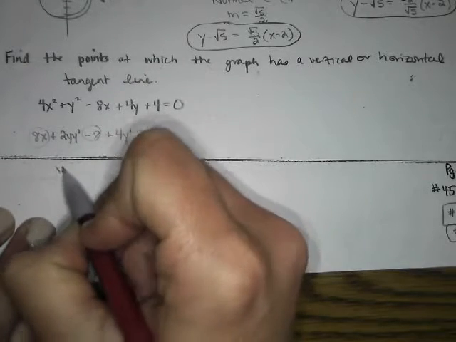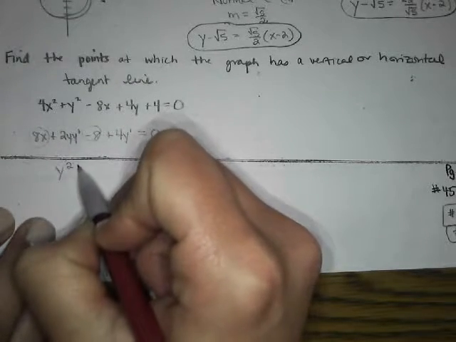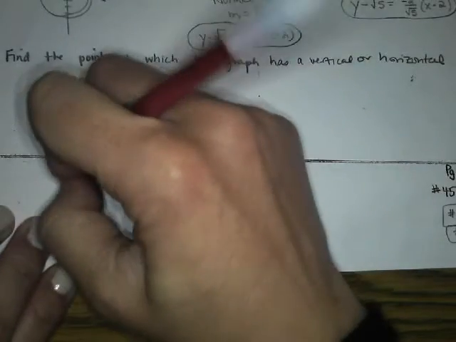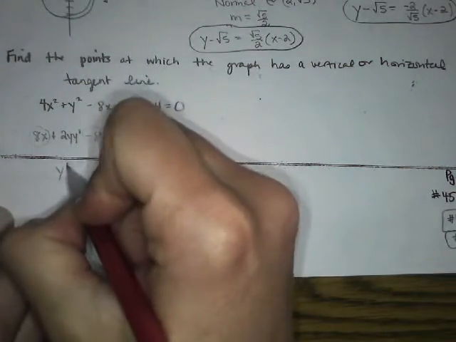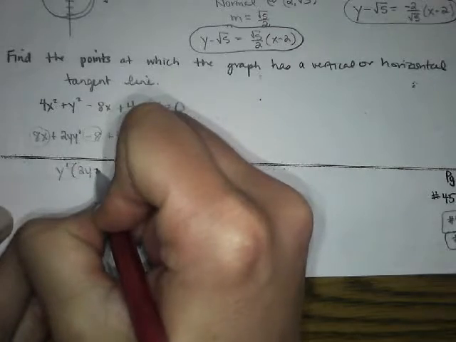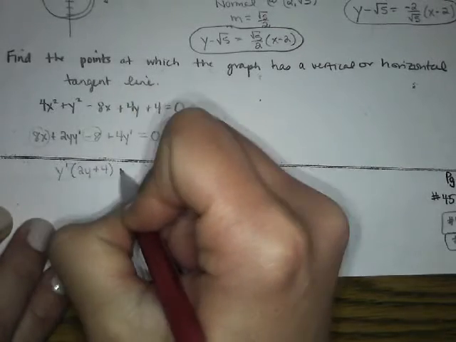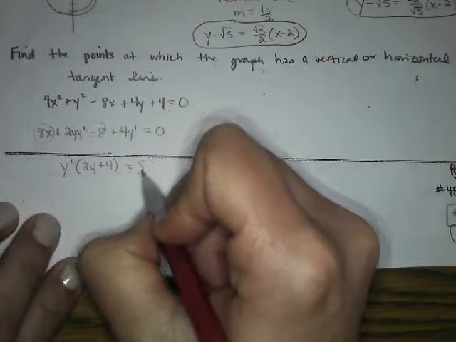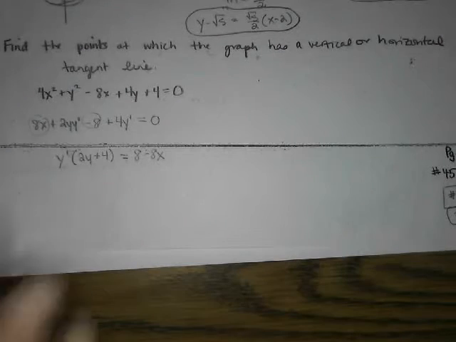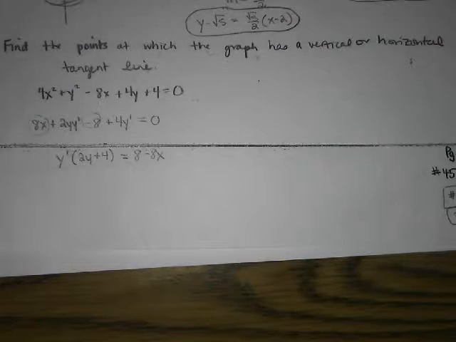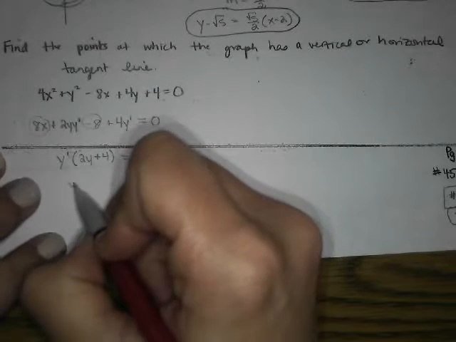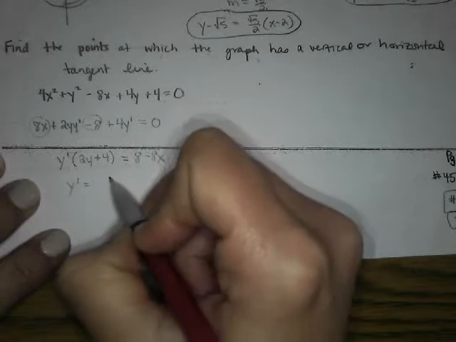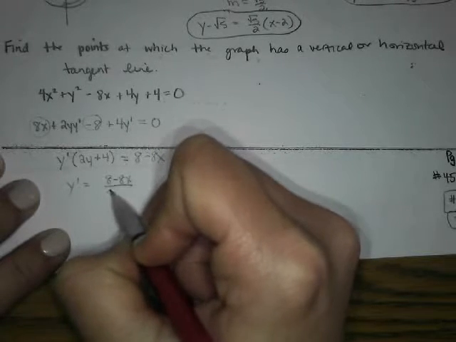So y prime, oops, I wrote y squared. Y prime will be 2y plus 4 on the left equals 8 minus 8x on the right. And then I'll divide by 2y plus 4. And how can I simplify this?